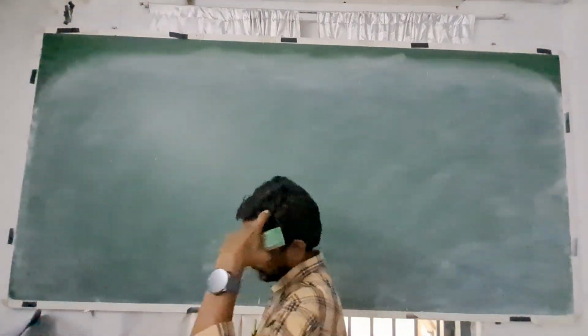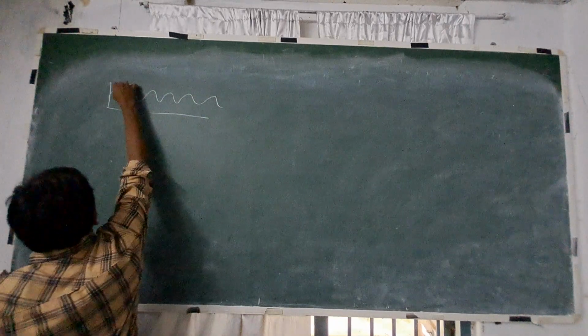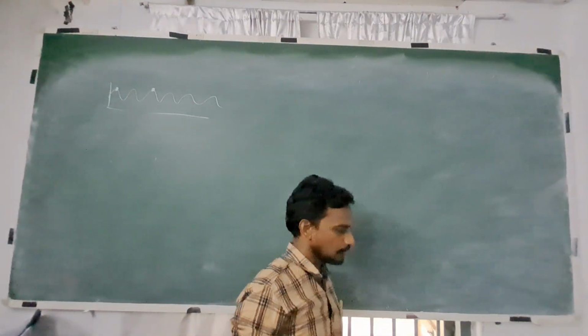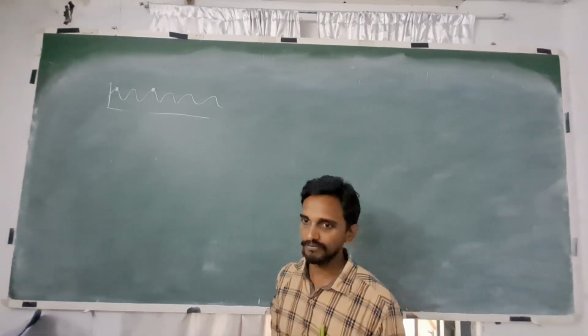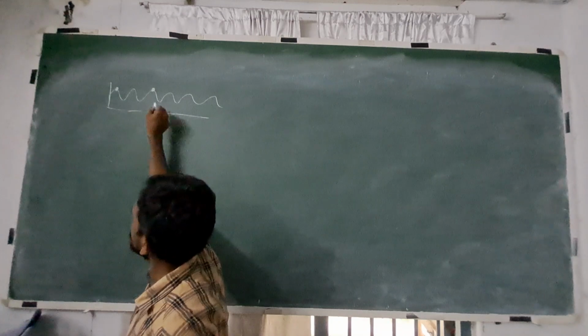Right. So temporal coherence is defined for a single wavetrain. So we'll be considering 2 points. We'll be measuring the phase difference between 2 points at various times. So this is time axis.